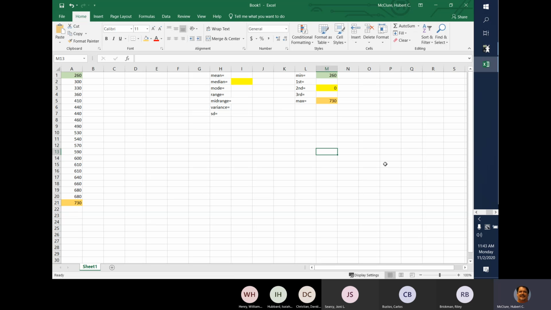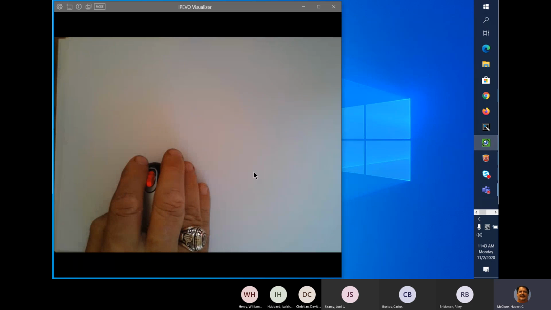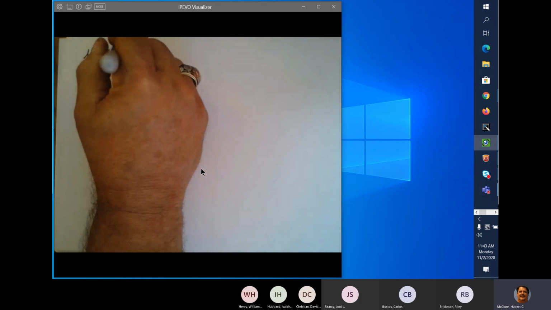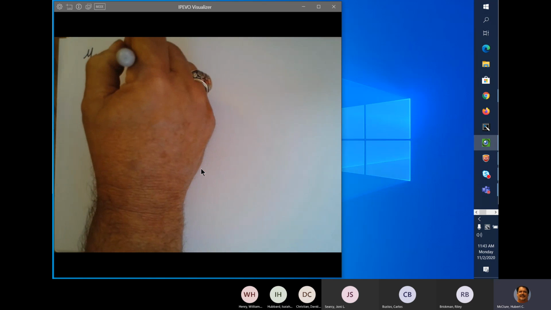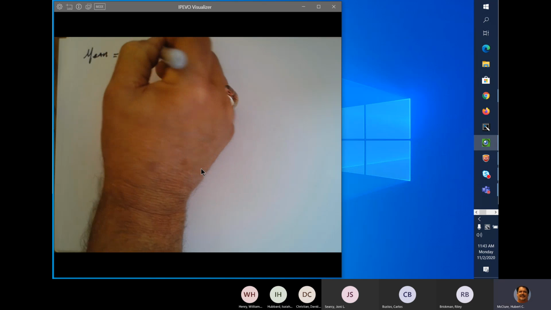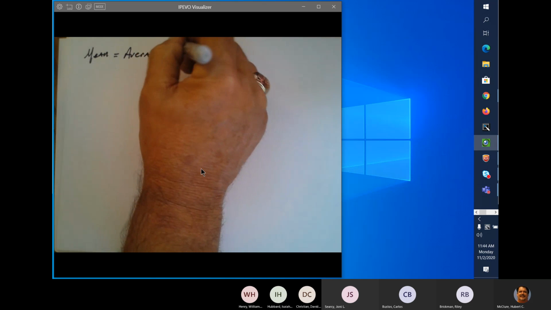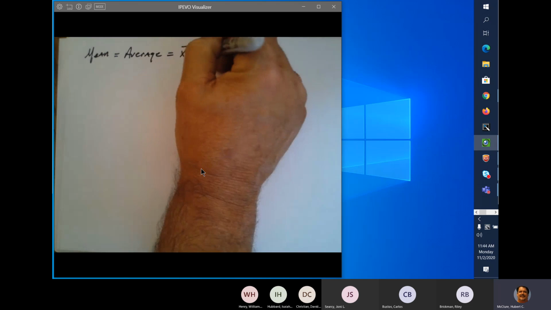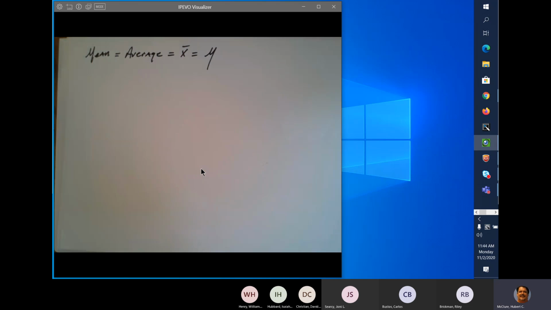Okay. Now, how do you find the mean? Well, the mean, and y'all been doing this ever since you've been in grammar school, the mean is called the average. It's also called X bar. It's also called mu. Okay, all of those mean the same thing.